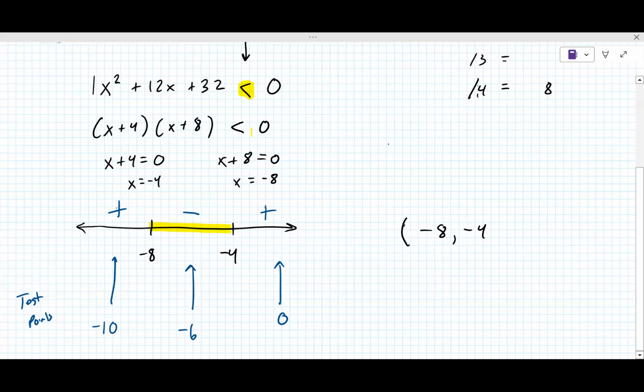With the less than, we yesterday made some notes that with less than or greater than, it always went with an open dot and it always goes with the parentheses. So this would be all the numbers between -8 and -4, in parentheses. Got it.